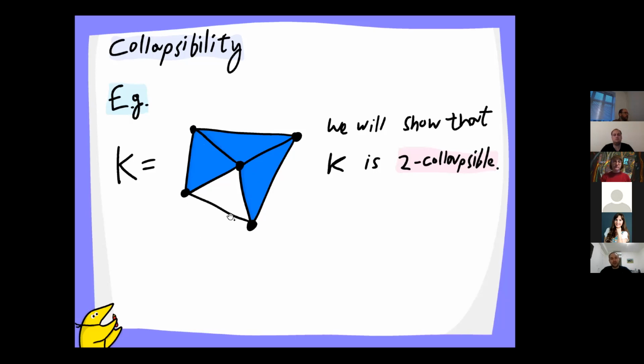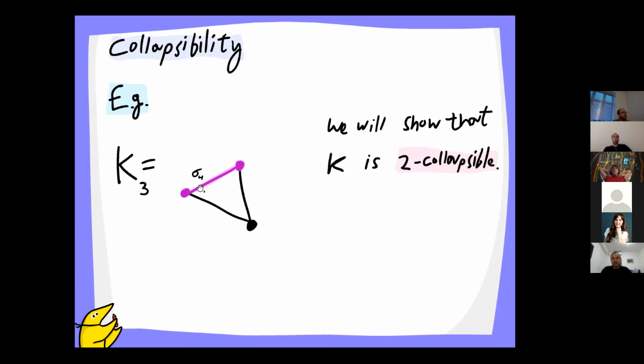For example, we can perform the following collapsing sequence. We can choose sigma 1 to be this edge. It is contained in a unique maximal face, so we can remove it. Now we choose sigma 2 to be a vertex. It's of size 1, smaller than 2, so it's okay. And so on. Now we can choose sigma 4 to be one of these edges.